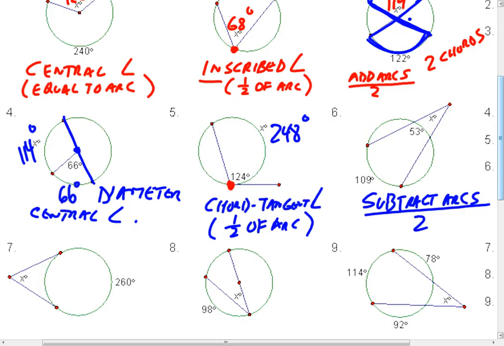That's off of our angles and arcs worksheet. So I'm taking 109 minus 53. Don't forget to divide by 2, and that should give you that. Is that 28? Is that right? So that's 28 degrees in there.